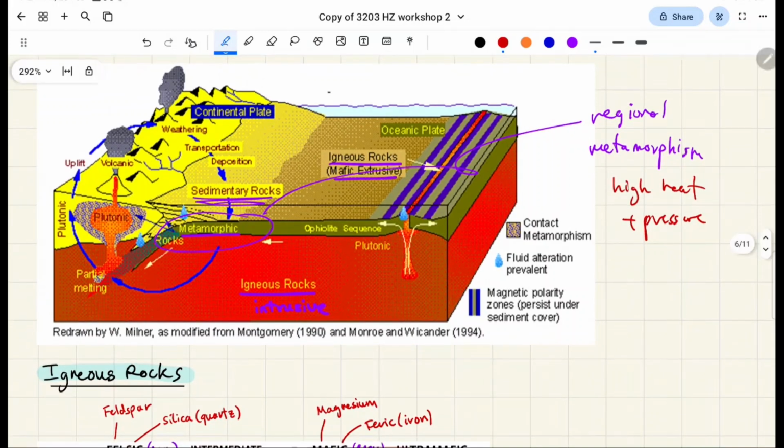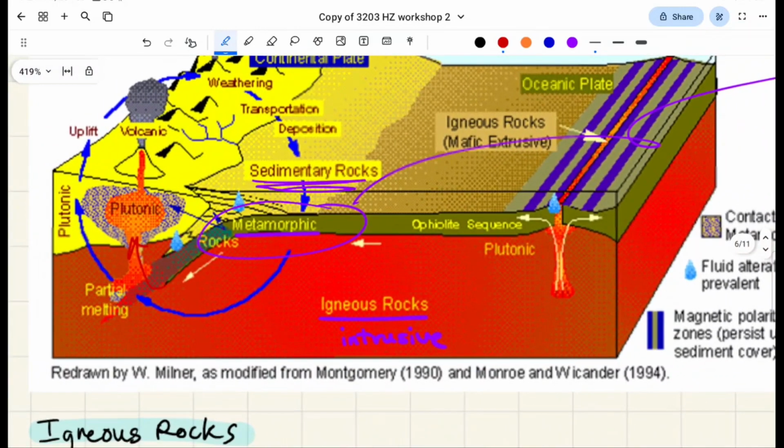And then you have your oceanic plate that's being subducted here, and then it goes towards the core of the Earth. The plate melts, and then there's this plutonic region, which is just like an underground magma chamber. That magma chamber causes all this rock around it to metamorphose.